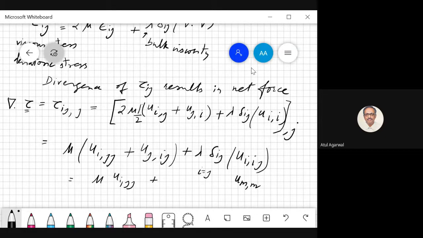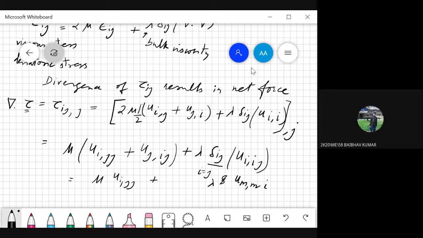It doesn't matter whether you call it i or m. And here you have delta ij, so you can replace it by mi. So you are left with lambda um comma mi.